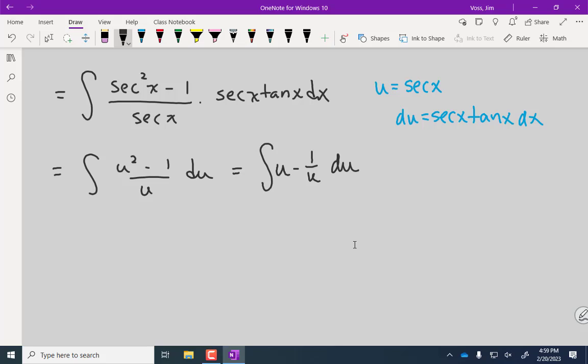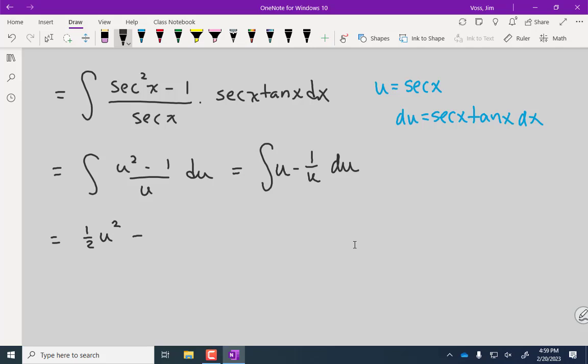Or you might recognize, from last time when we talked about improper fractions where the top was heavier in terms of the power, you could do long division. It's an improper fraction, and long division would give you the same exact thing. That is integrable. The integral of u is u squared over 2.